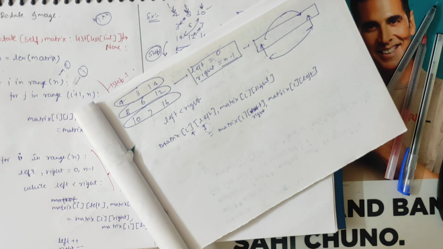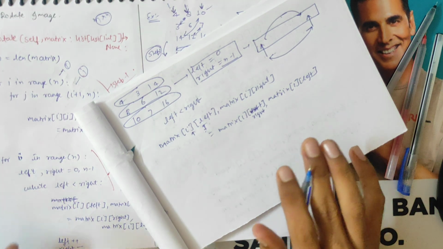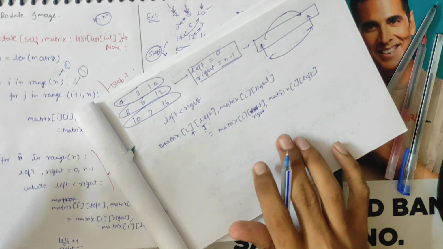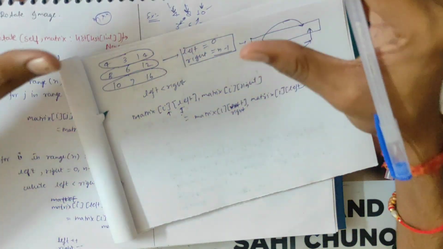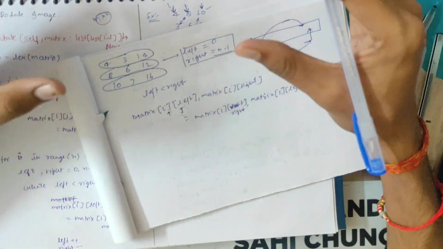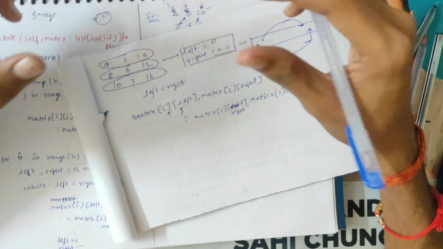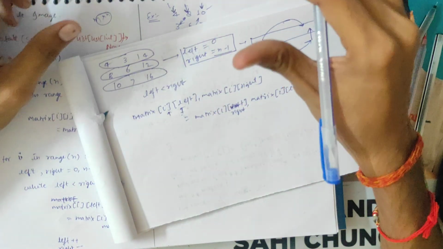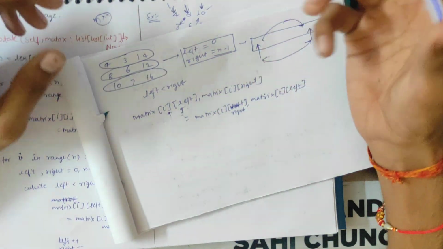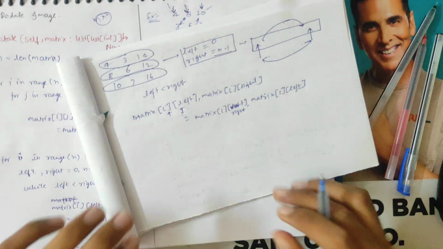For i equals 1, now we don't need j, because we are operating now in linear form. We'll take the first row as the first array, then we'll take the second row, then the third row. So we don't need two pointers, right?